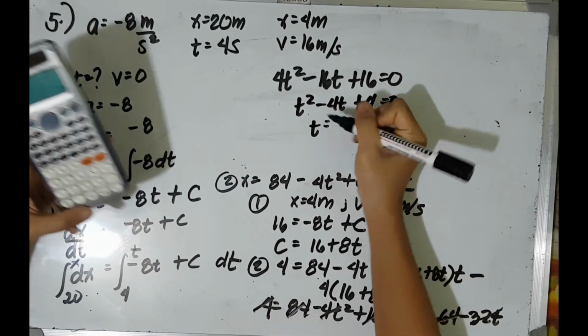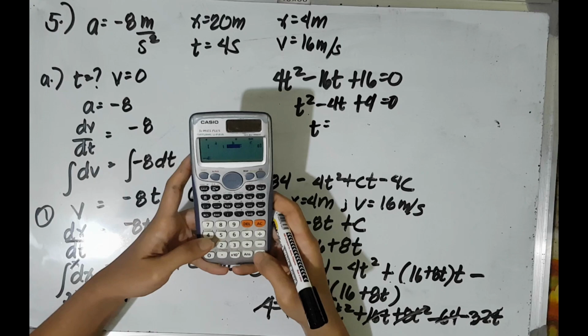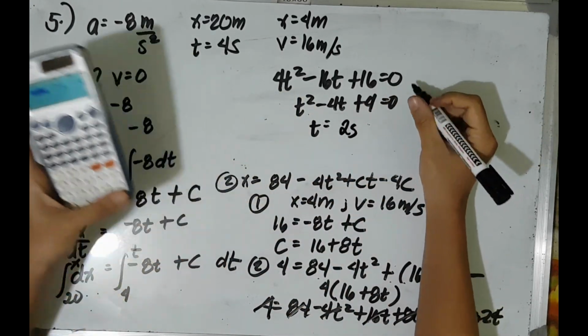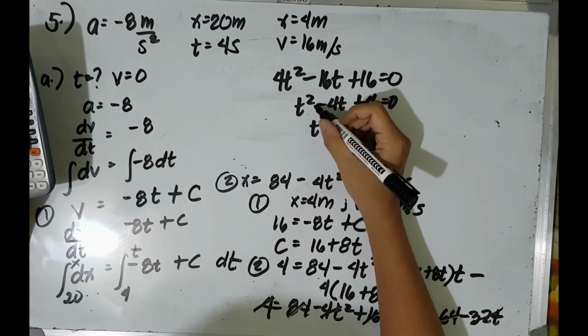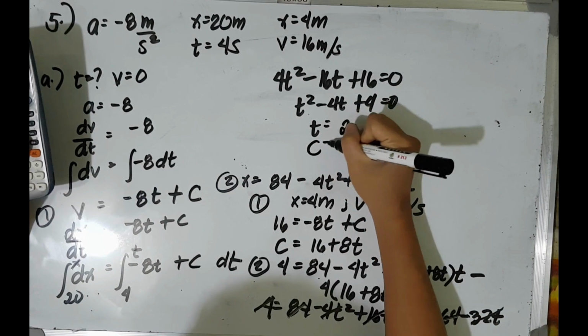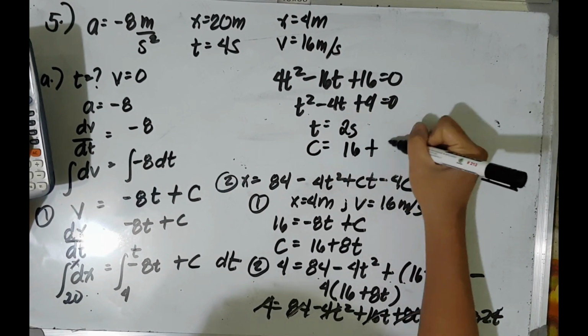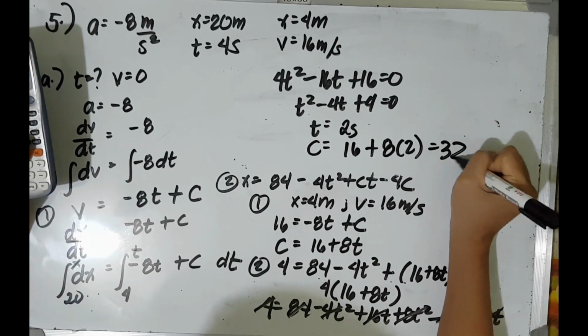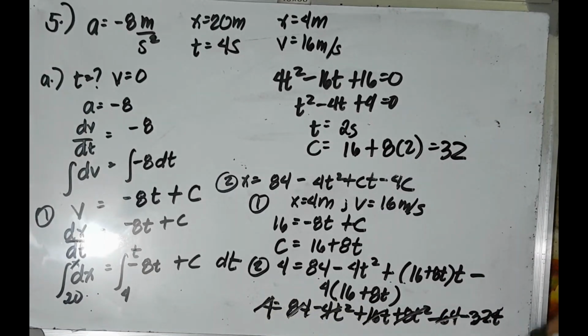Therefore, t is equal to 2 seconds. And then, substitute natin para makuha natin yung value ng c. 16 plus 8 multiplied by 2 is equal to 32.